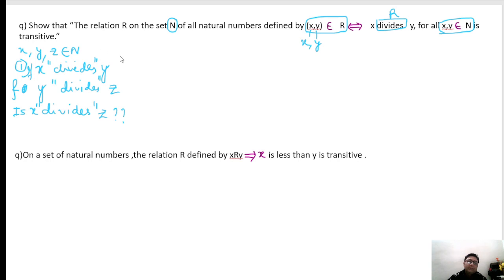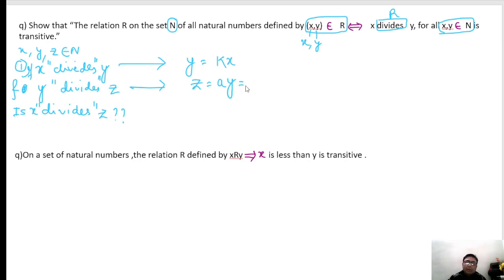Okay, so first they are telling x divides y. That means y is some multiple of x. After that, they say y divides z, so z should be some multiple of y.